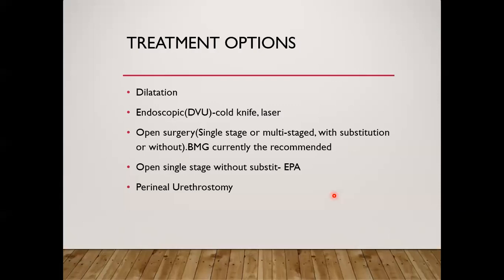The other method is the endoscopic. In the endoscopic, you have a screen and a camera, and you have your instruments. We shall see a short video that shows that. It's a guide wire, and then you follow the guide wire. It will be your guide as you cut.